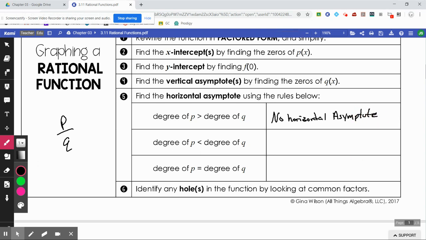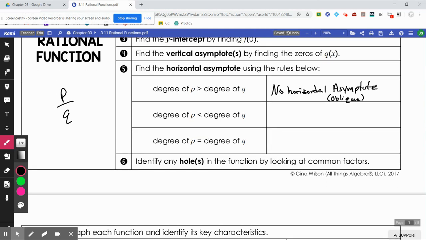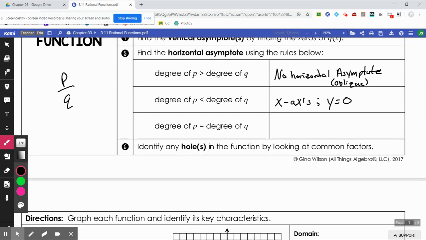In this case, we will have what's called an oblique asymptote, and we'll discuss that more later. If the degree of p is less than the degree of q, then you'll have a horizontal asymptote at the x-axis, which as far as the equation goes is y equals 0. It will approach the x-axis.